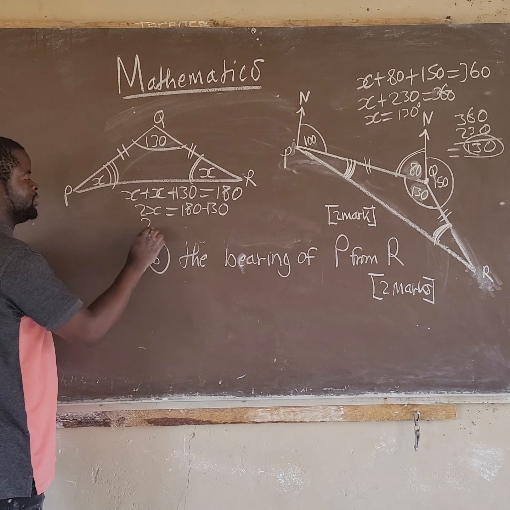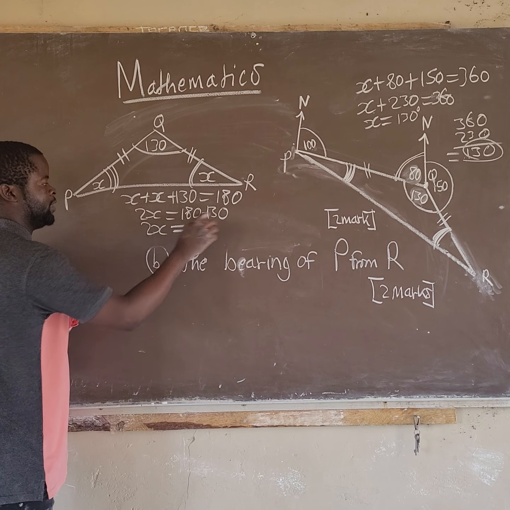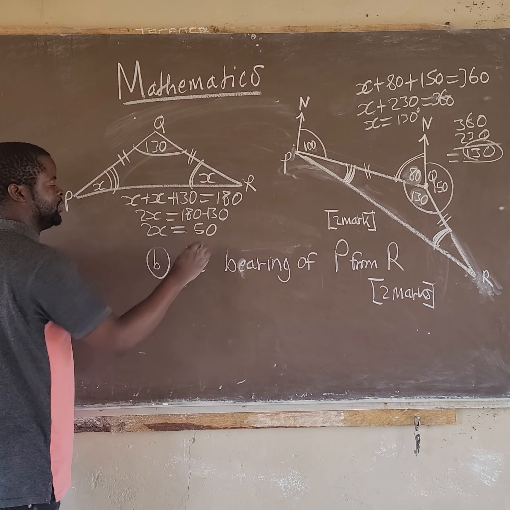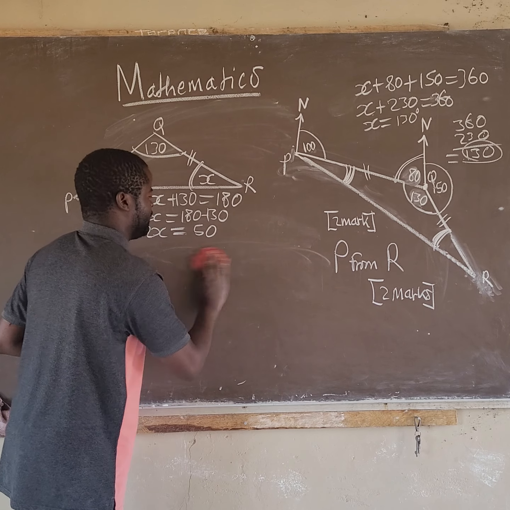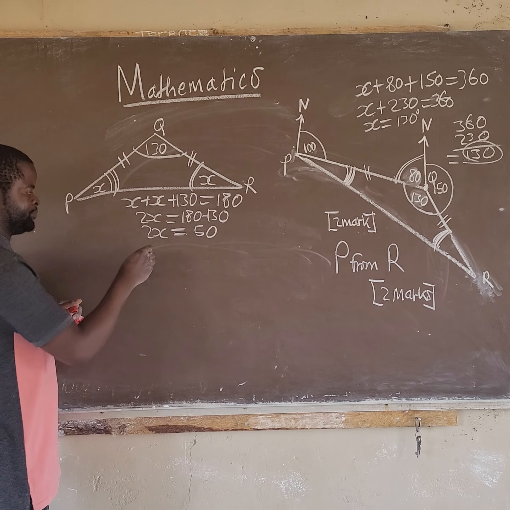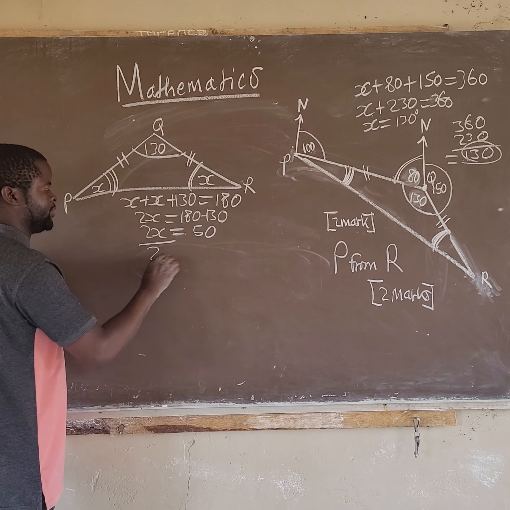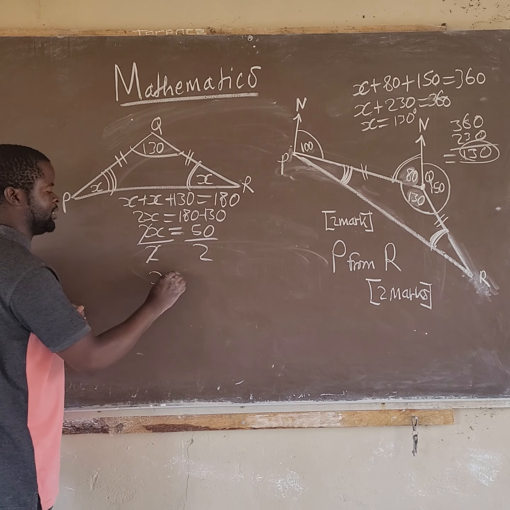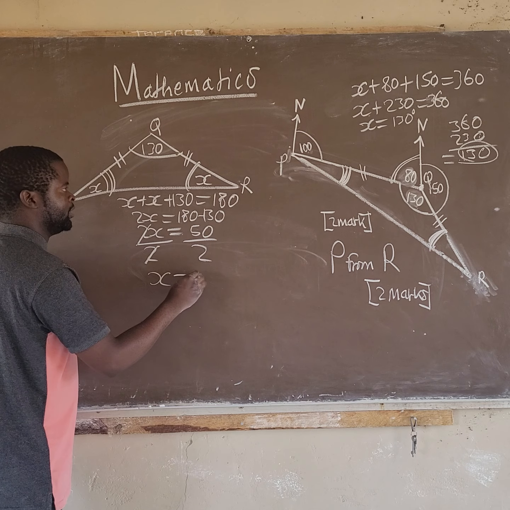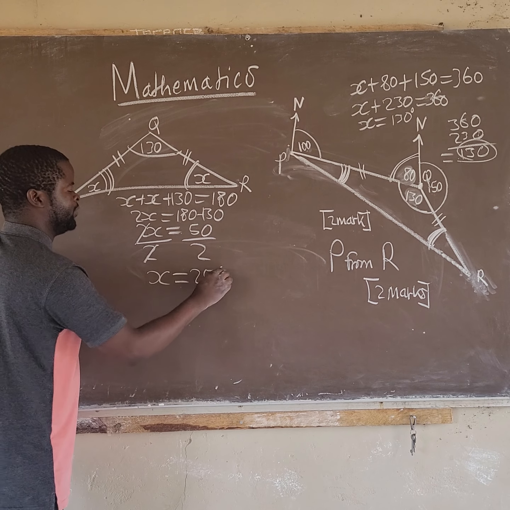Then I'm going to get 50 degrees. So now, if I get 50 degrees, therefore, I'll say over 2, this and this will definitely cancel, and the size of x will be 25 degrees.